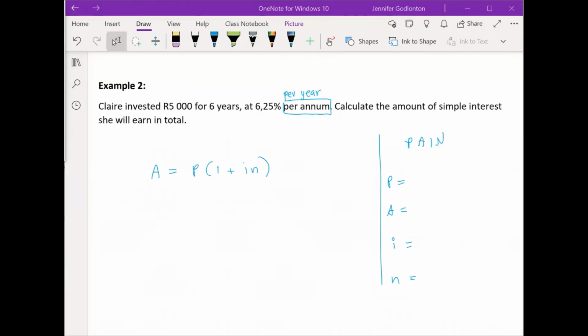Does anyone need more time? Okay, all right, let's do this step by step.